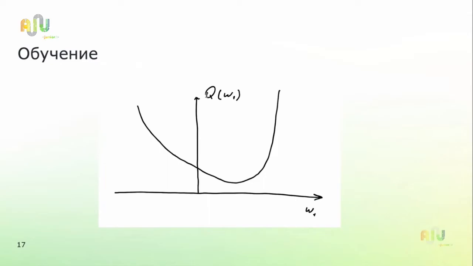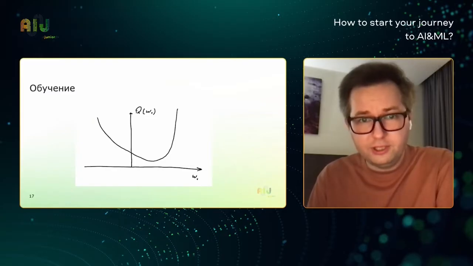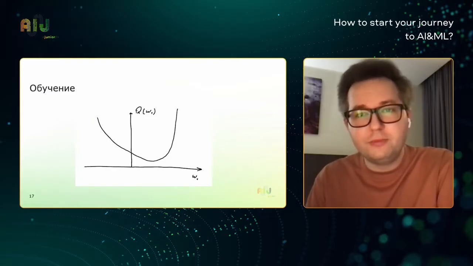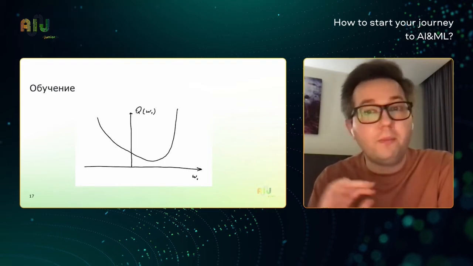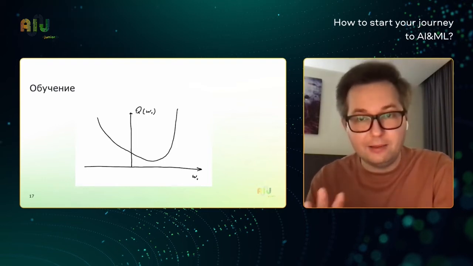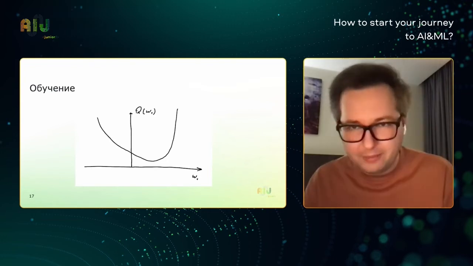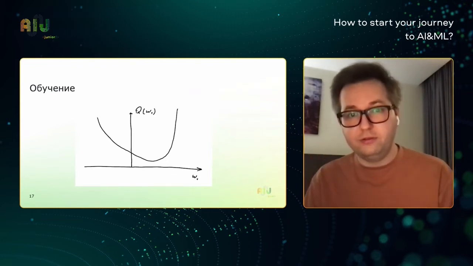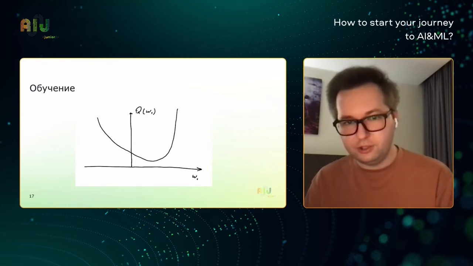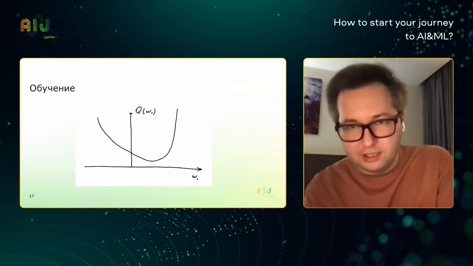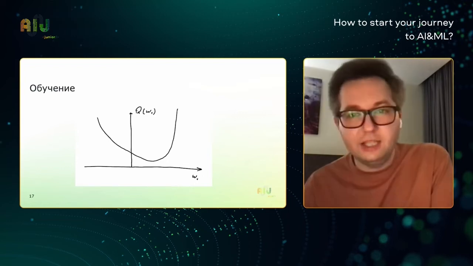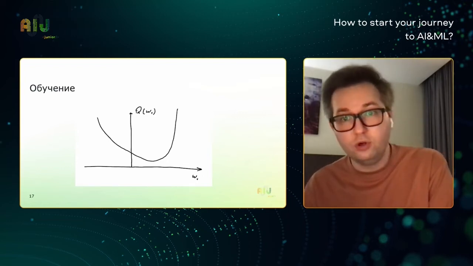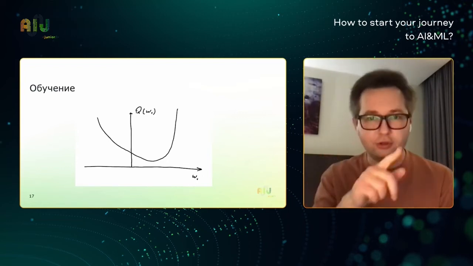How can we find the minimum of any function? Basically, I have a function, any function, and let's imagine that my model depends on only one parameter. I have only one weight, W1, a very strange model, but nevertheless, let's take it as an example. I want to select this parameter to make the function as small as possible. On the X-axis, we have W1. On the Y-axis, we have Q of W1, my loss function.